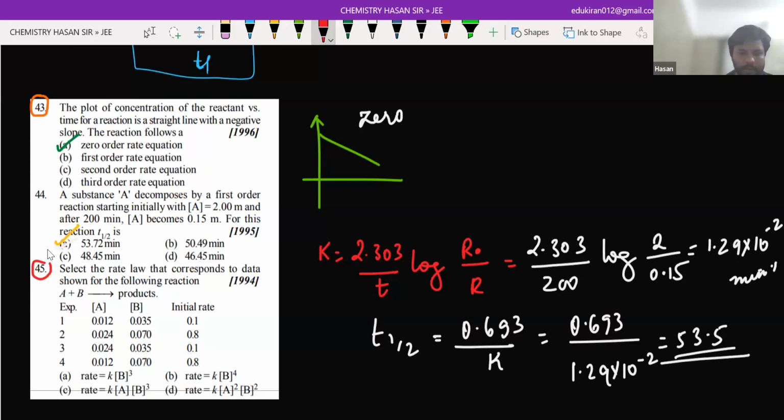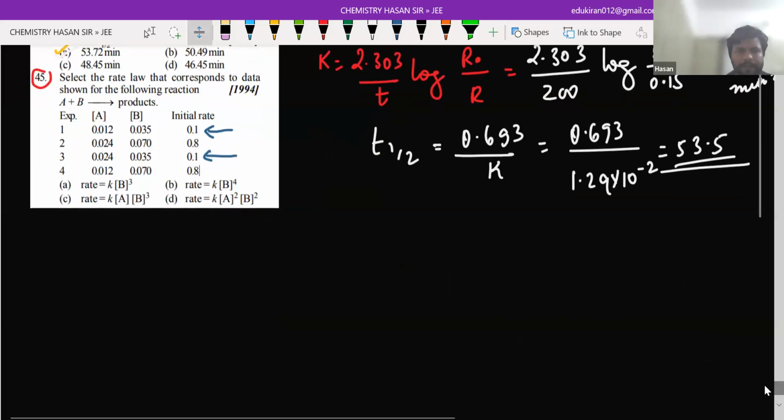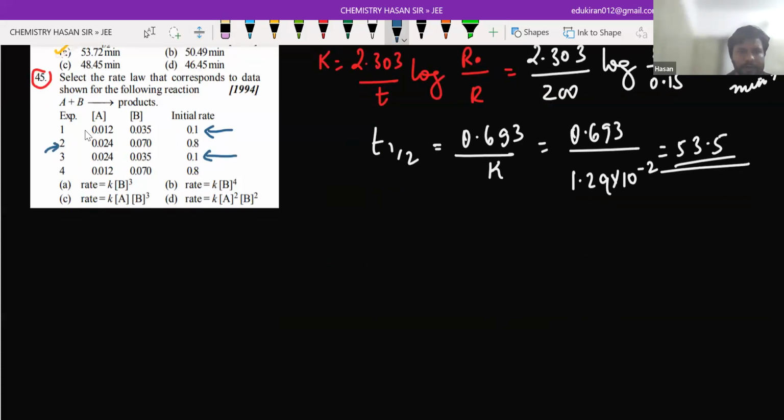45, will you be able to do it? Very simple. This type of question I already gave you. What you need to do is very simple. Take the equations 1 and 3 in which the rate is the same, and establish a relation between them.